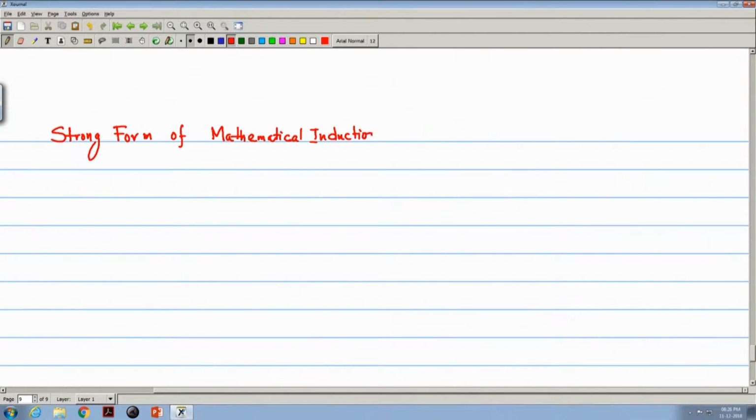So, if we remember the principle of mathematical induction, there we have assumed that if we have to prove the formula for some value, then the immediate predecessor value or immediate predecessor statements is assumed to be true.